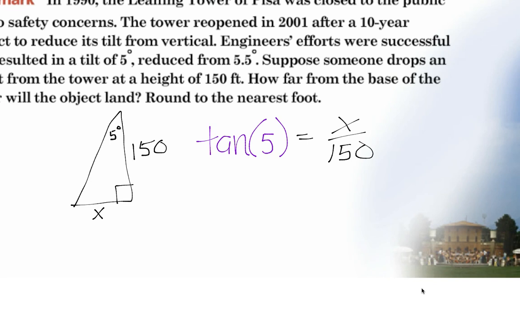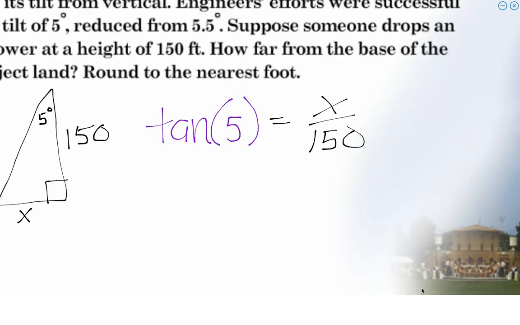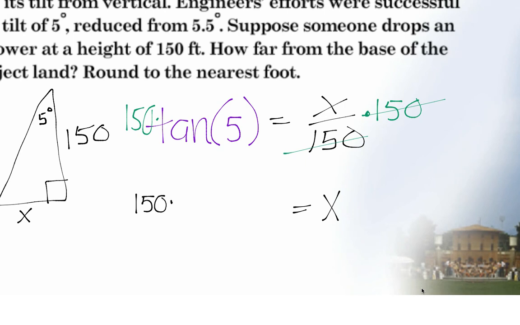Now, before you go ahead and take that decimal and round it, let's just do some algebra before that. We want to get x by itself, so let's multiply both sides by 150. Those cancel out. So we get x equals 150 times tangent of 5.